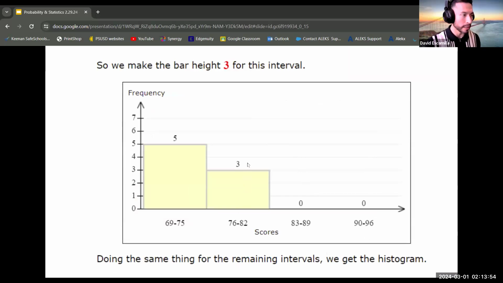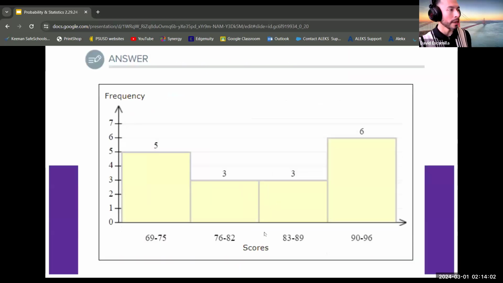So we go ahead and draw the second bar for the second interval. In the same way, we go ahead and review the data. We do have 3 values that fall in the interval 83 to 89. And then finally, we have the last interval from 90 to 96. There are 6 values.